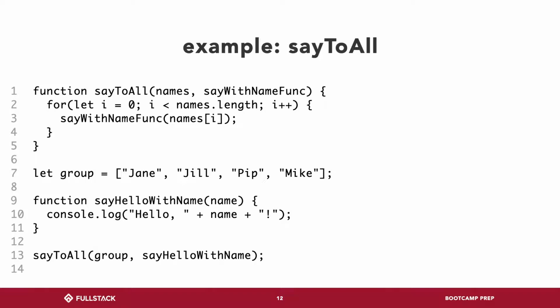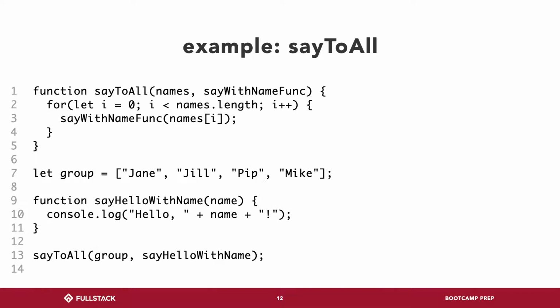So down here, when we run say to all, we're going to be passing in this array group, and we're going to be passing in this function, says hello with name. So when we're invoking this, say to all, it's going to look at names, it's going to loop through, so now we're on let I is 0, index 0 is Jane, and we're going to call say hello with name with Jane. So it should console log hello Jane, exclamation point.